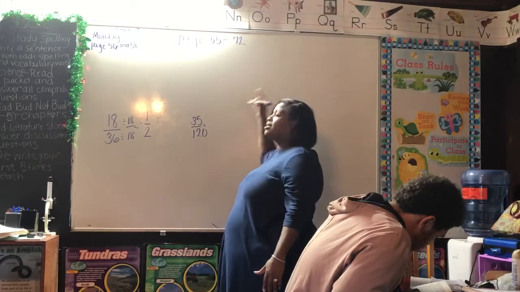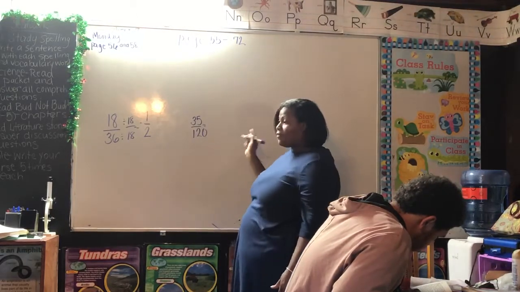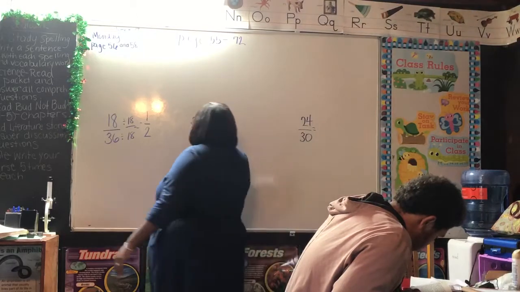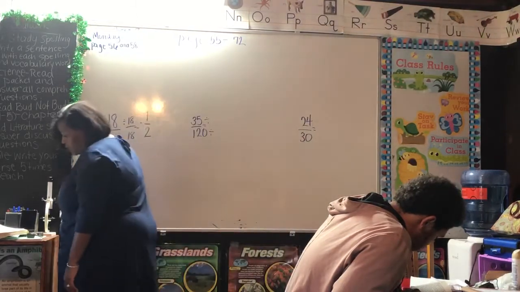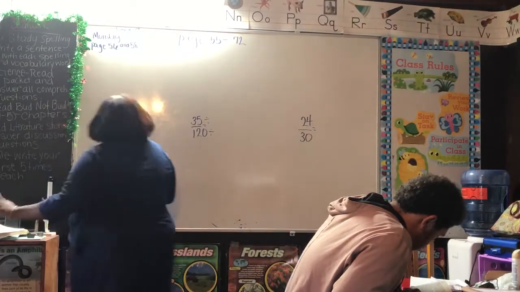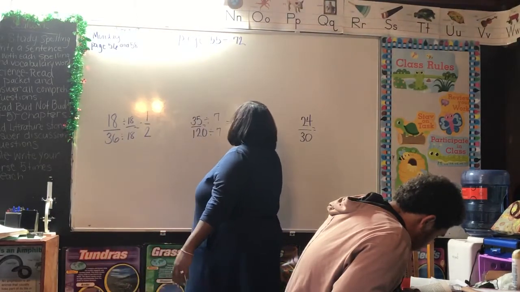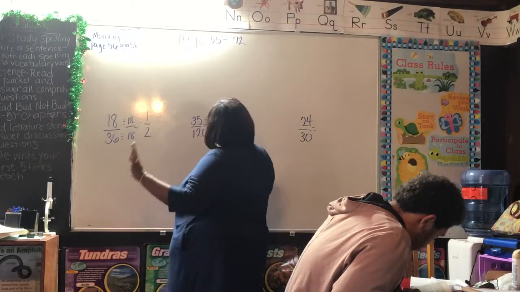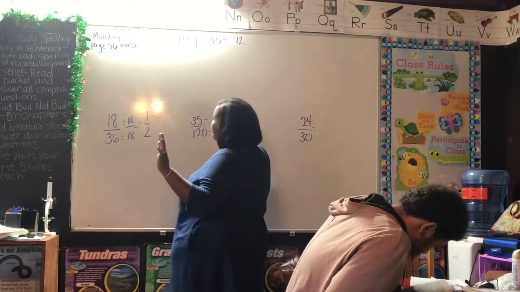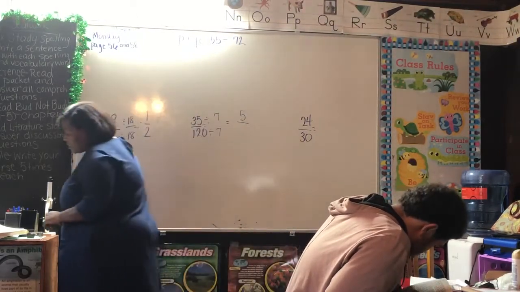Yes. Can it go into this? Yes. Then you take and divide. So 7 and 7. 7 goes into 35 how many times? 5 times.